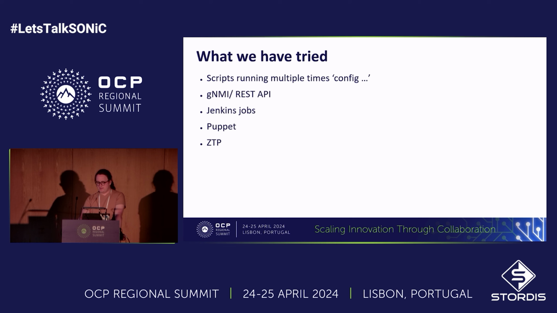When we call the wrong thing, we can easily crash SONiC, and then we cannot reset the configuration from the outside because we cut ourselves off from the API when it crashes. That's why we use something else. There's zero-touch provisioning, and that's something that we use. It's very useful, but it's only for the first provisioning.